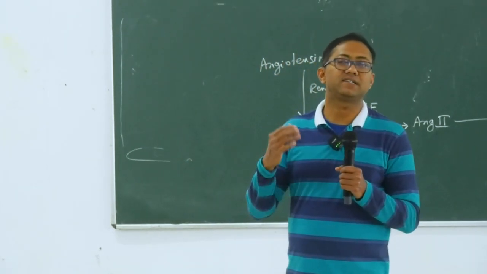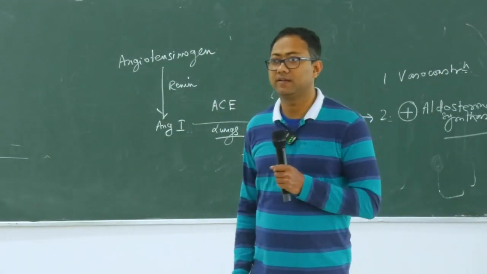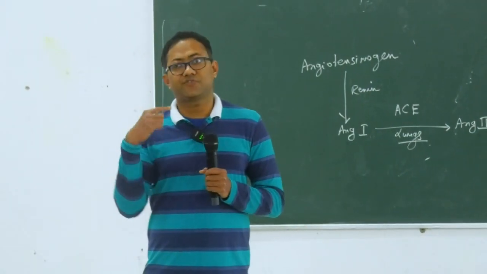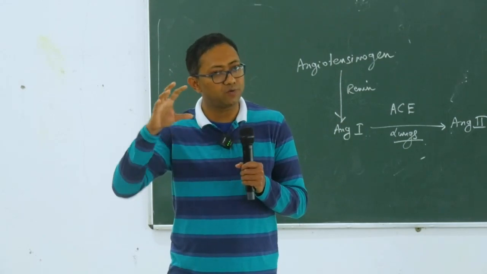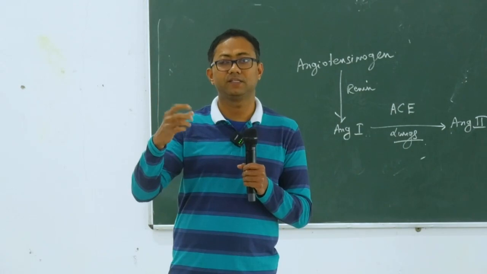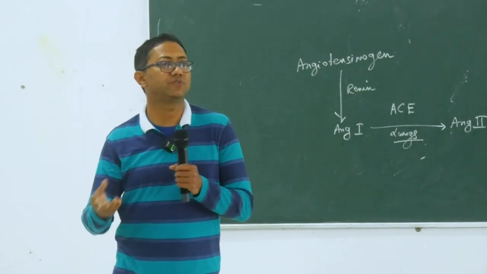Okay, so atrial natriuretic factor or atrial natriuretic peptide. Okay, atrial natriuretic peptide. So the signal is stretch, right? Signal is stretch. Whenever atrial wall will be stretched, the myocardium within the atrial wall, they will release one hormone, and that hormone is called atrial natriuretic peptide.